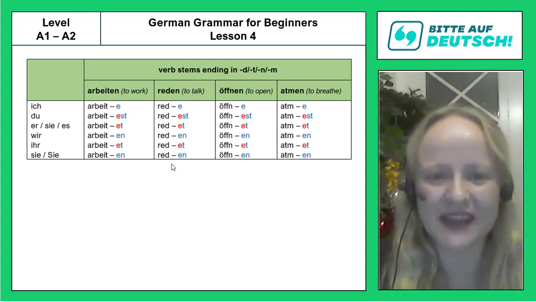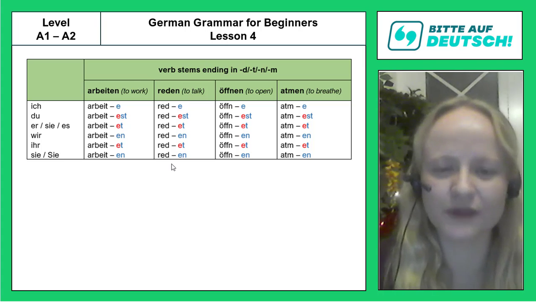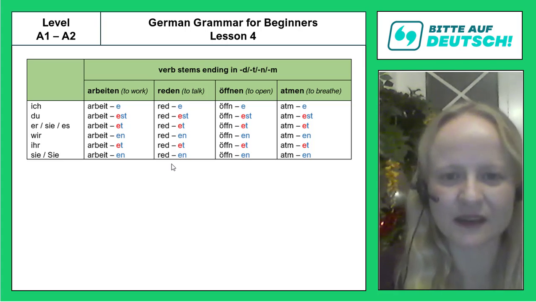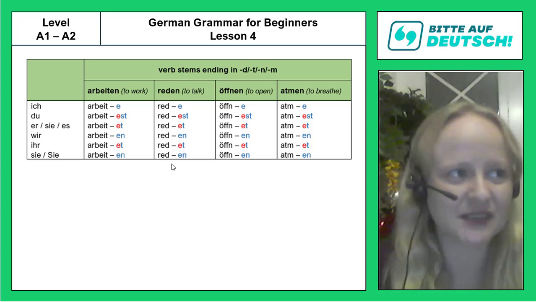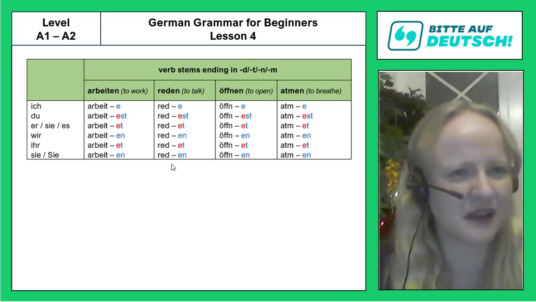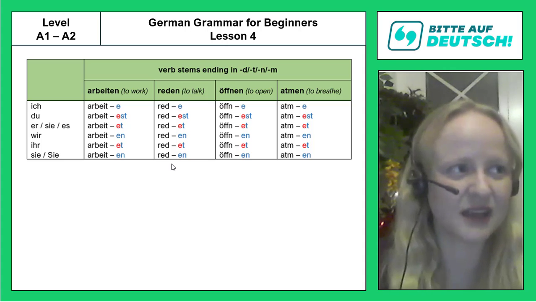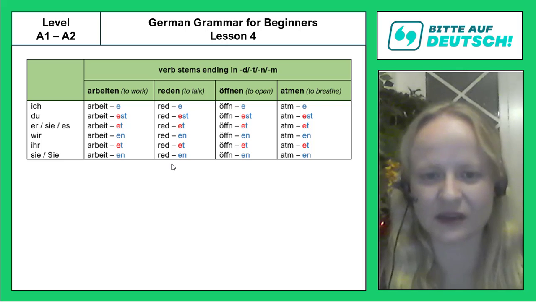And then with N and M, I would like you to notice that not all verbs that end in an N or an M in their verb stem will automatically have this change. It depends on the consonant combinations, but if I start explaining every single combination and what endings they take, you will finish this lesson very frustrated and confused.